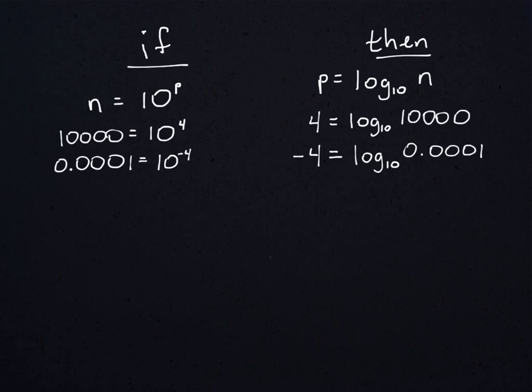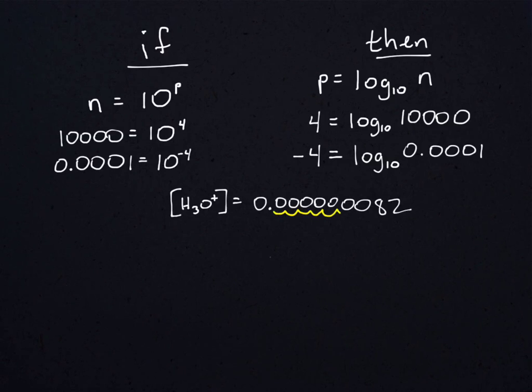Think about hydronium concentrations. Hydronium concentrations are really small numbers, like 0.000000082. Let me count: 1, 2, 3, 4, 5, 6, 7, 8.